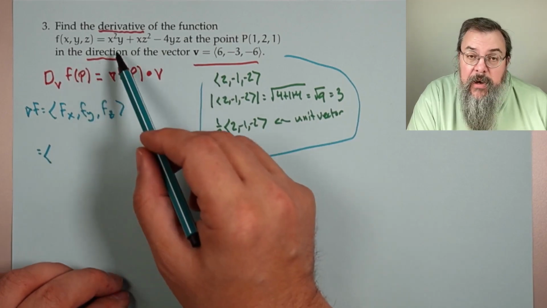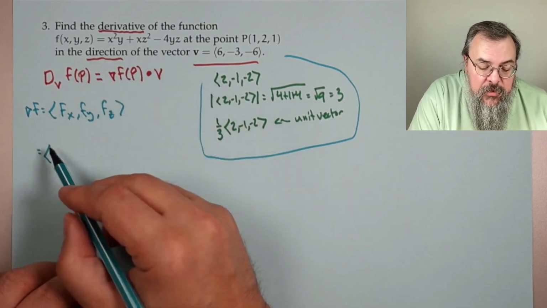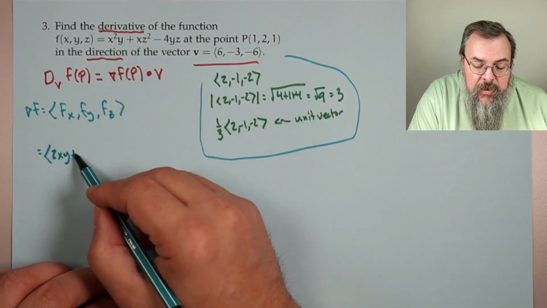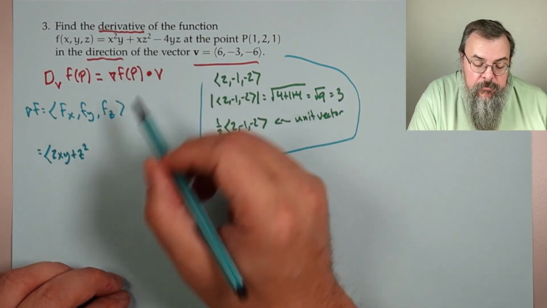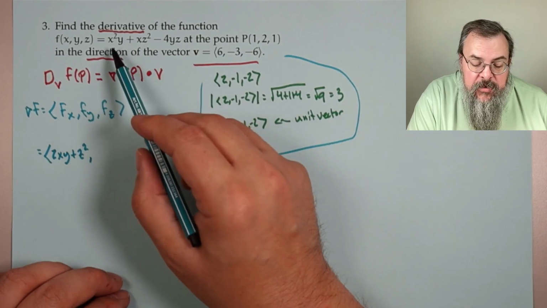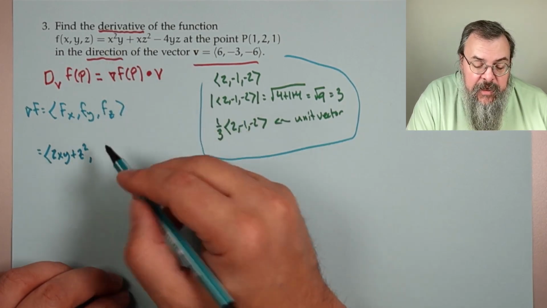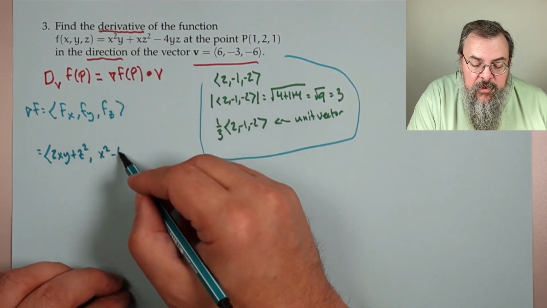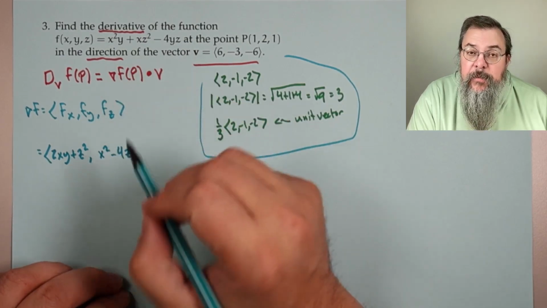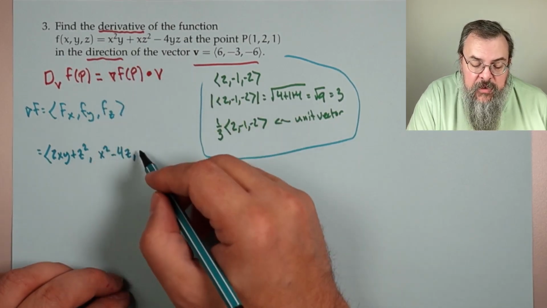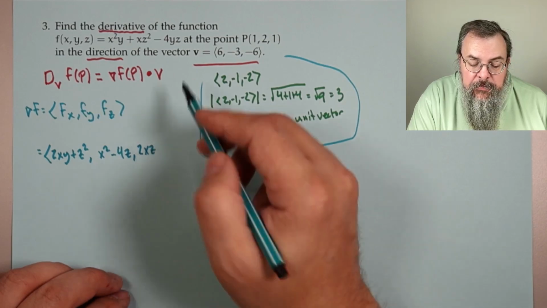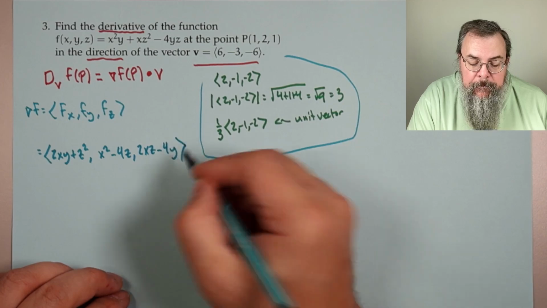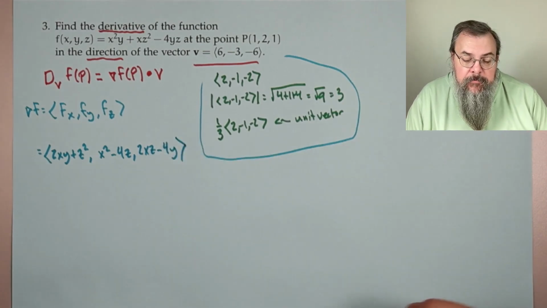All of the y's and z's are constant at this stage. 2xy plus z squared, plus 0. Take the derivative with respect to y: x squared, plus 0, minus 4z. Take the derivative with respect to z: 0, plus 2xz, minus 4y.